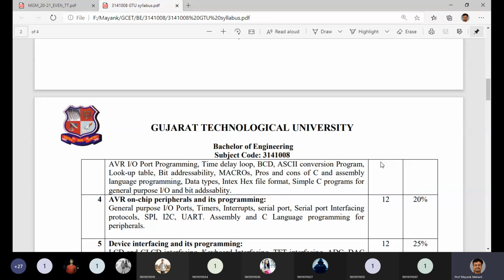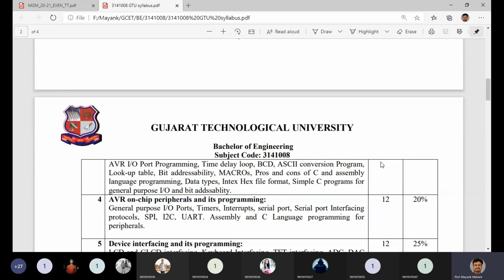Yes, sir. Okay. Now, as we have already seen, a microprocessor and a microcontroller have the capability of processing data, and this data is processed according to the instructions we give. The set of instructions we call a program.